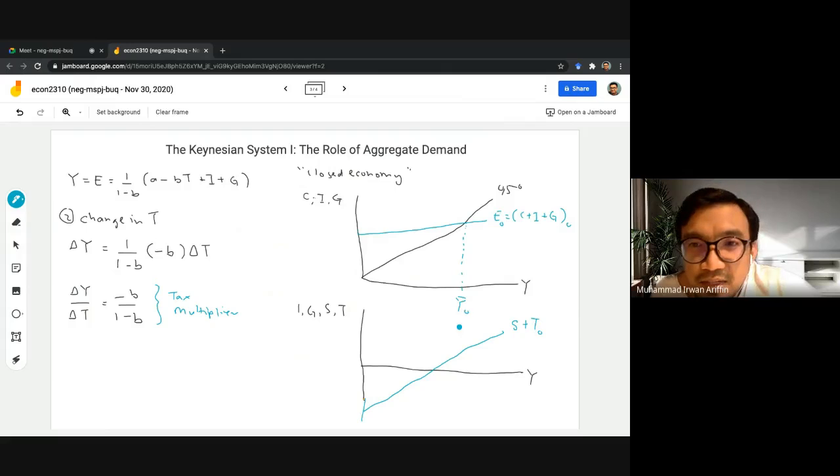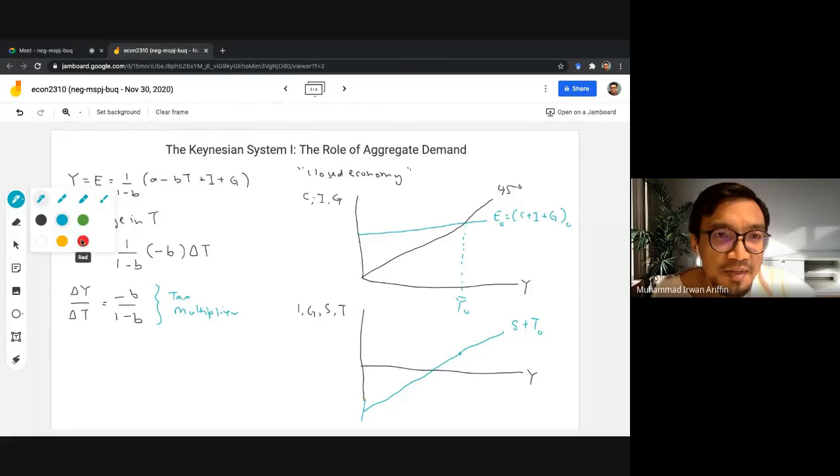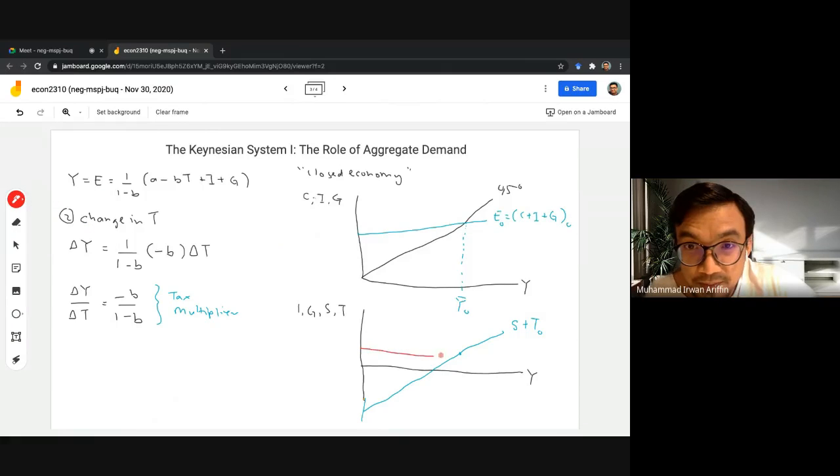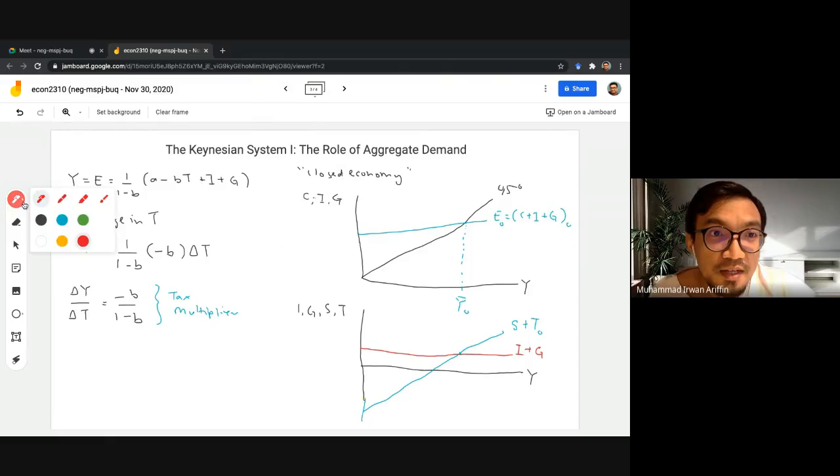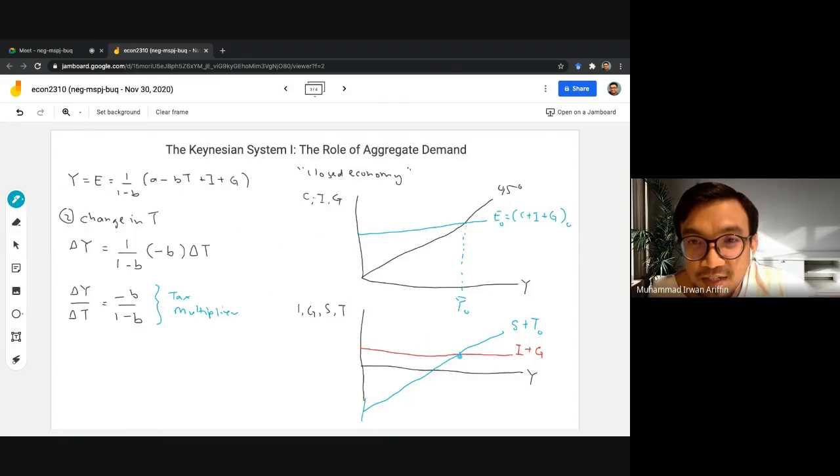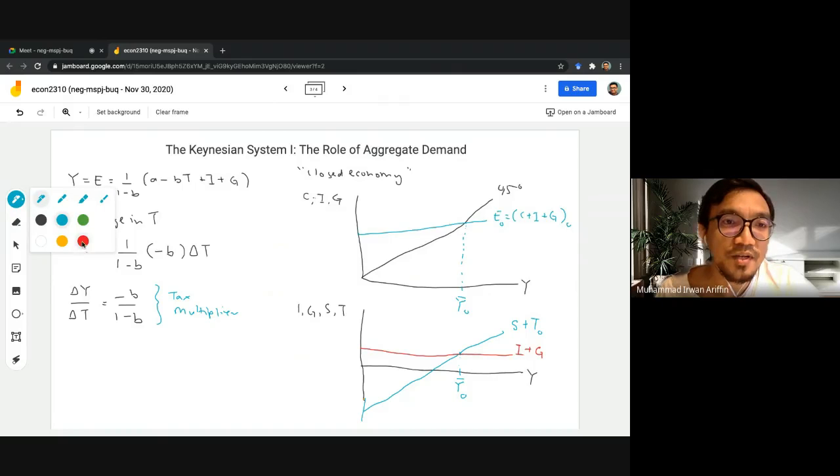And similarly, I need to get this point because I want to draw the I plus G schedule. So the I plus G schedule is gonna be somewhere here. Okay, so this is our I plus G. And when the injections equal leakages, this would give us the corresponding equilibrium income.